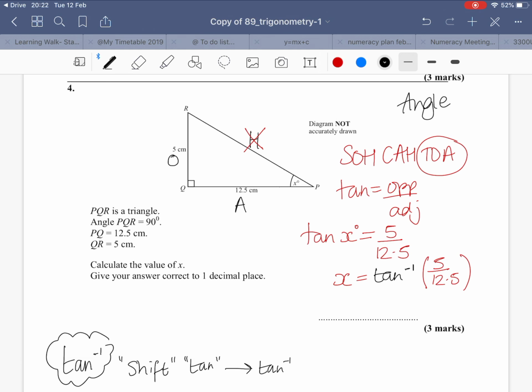The choice is yours, but you should have 21.8014, and it carries on. Because we're allowed 1 decimal place this time, that's going to be 21.8 degrees, because this time we've worked out the angle.